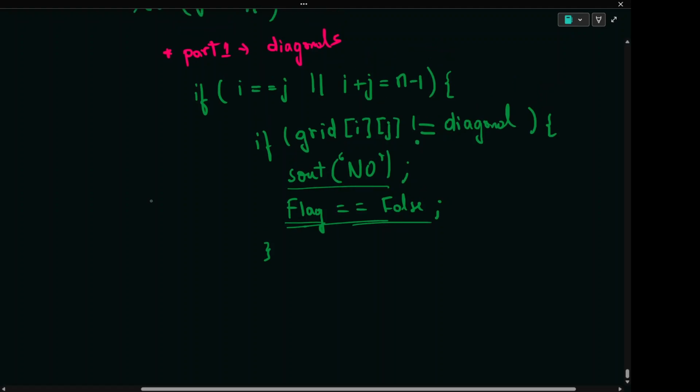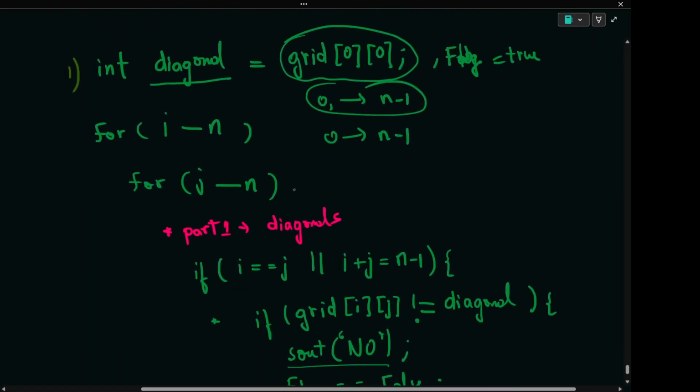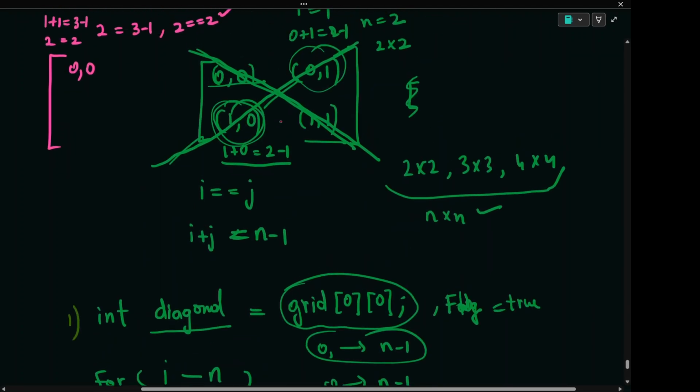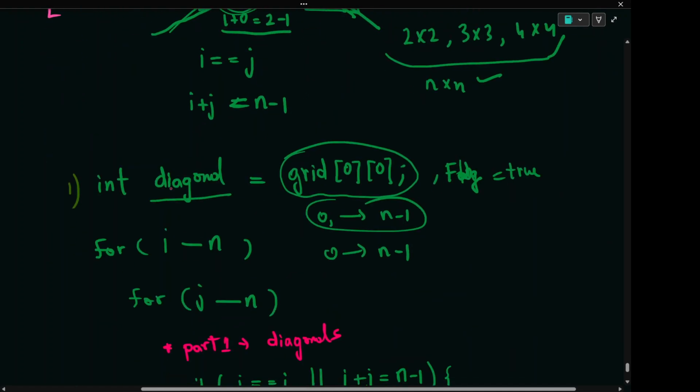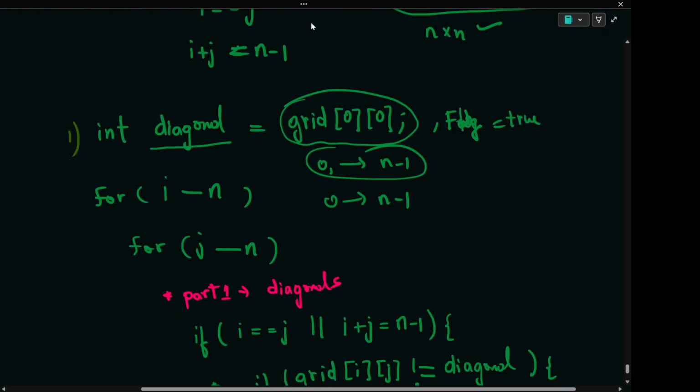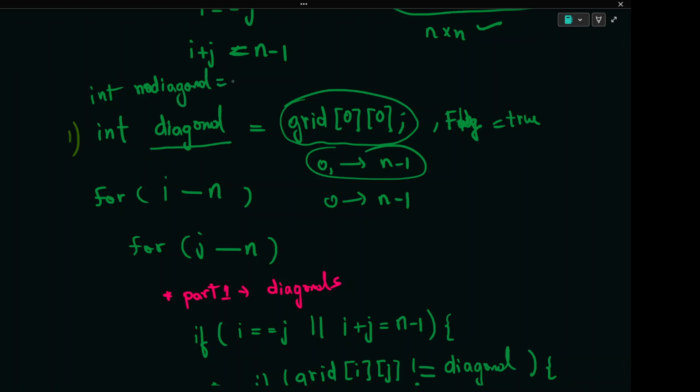Okay, now this is the diagonal part. The diagonal part is clear. Now what is the non-diagonal? Non-diagonal is nothing but this. This is a non-diagonal, this is a non-diagonal; this is a diagonal. So I would also take another variable, int non-diagonal, which will be equal to grid of... what can we take?